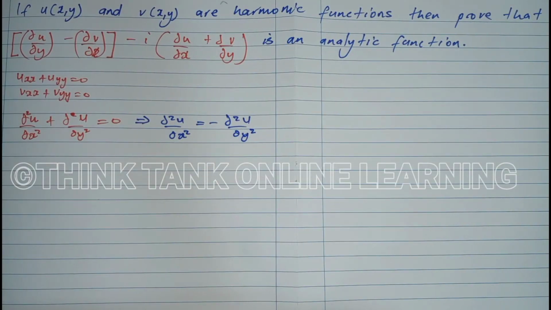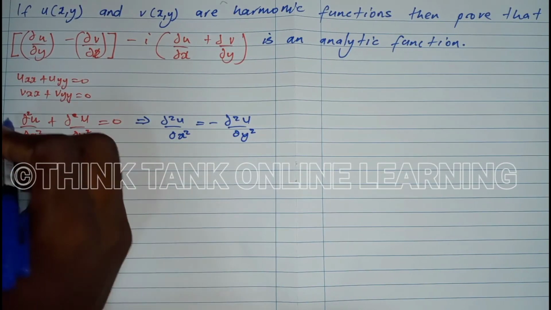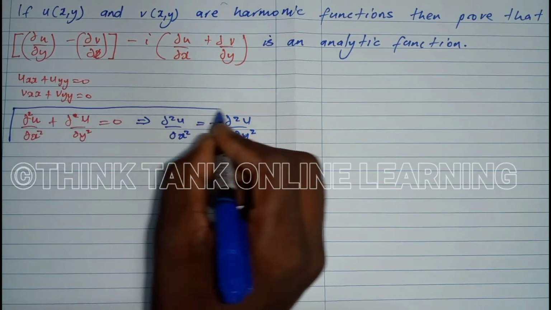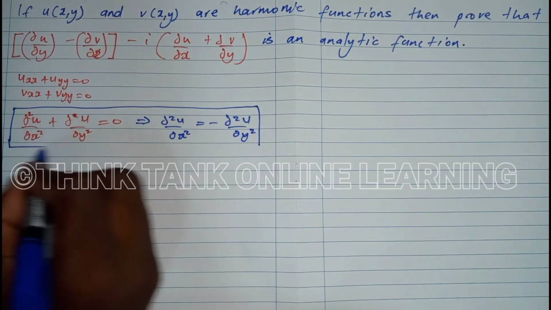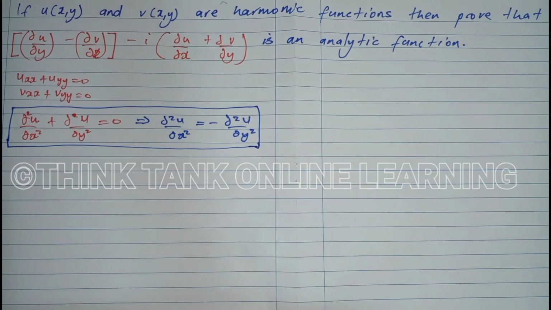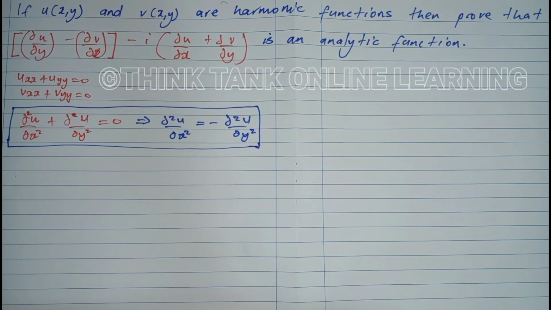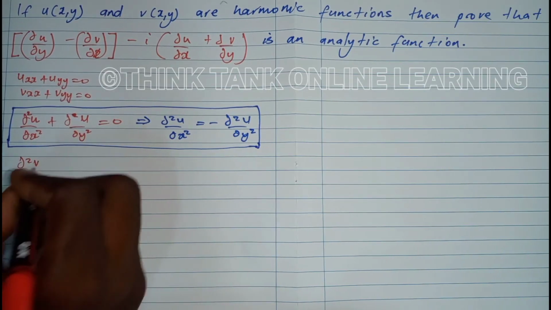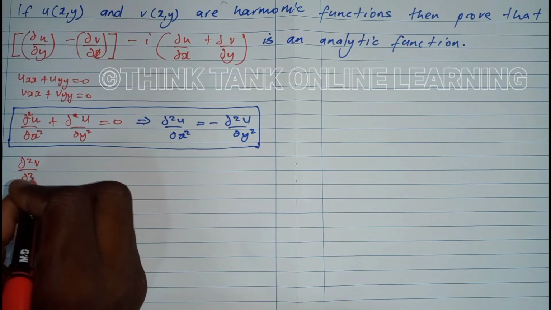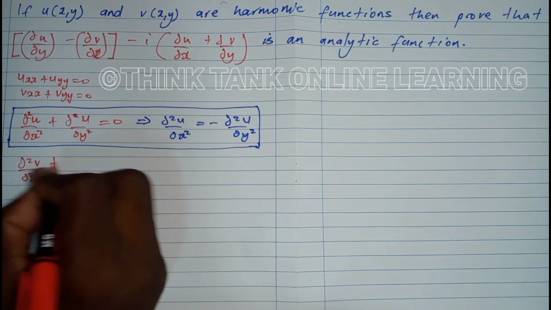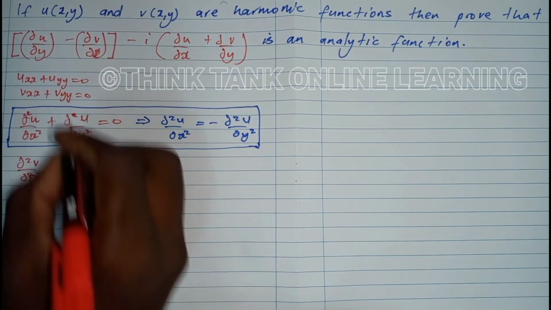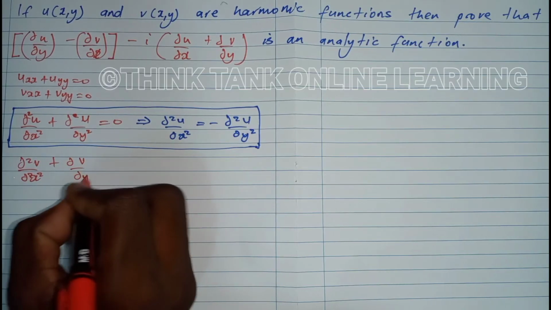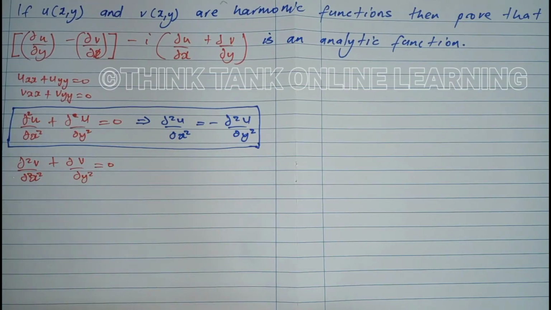Now we're moving to the imaginary part. v is our imaginary part, and for v, that means partial squared v over partial x squared plus partial squared v over partial y squared is equal to 0.